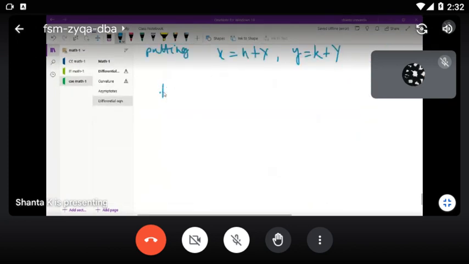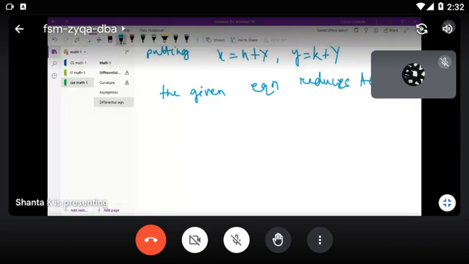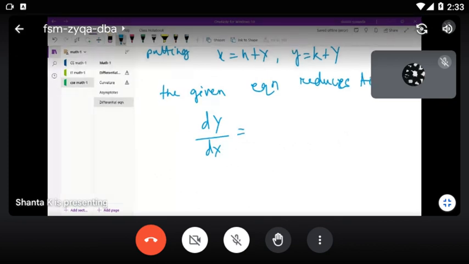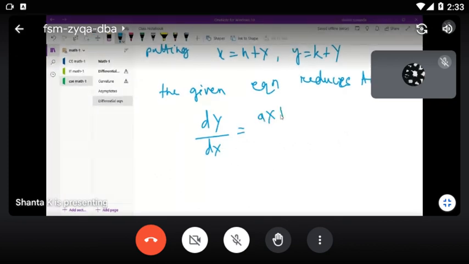So now if you substitute, the given equation will reduce to dy by dx equals x plus by.